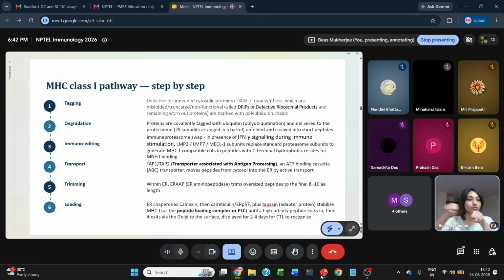Polyubiquitin means multiple ubiquitins are sitting on top of one another. Now there is something very important which you must remember, that in a lot of cell signaling, when you read about it, you will see that ubiquitin is coming and binding to a protein. Okay, but not necessarily every time ubiquitin binds, a protein is marked for degradation.